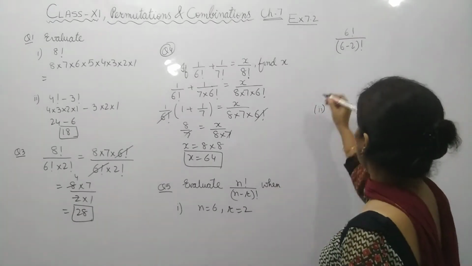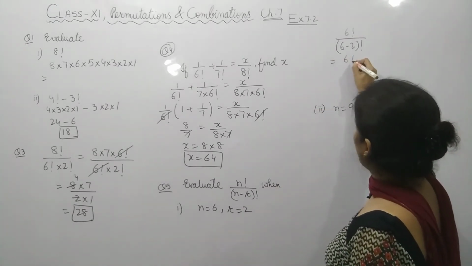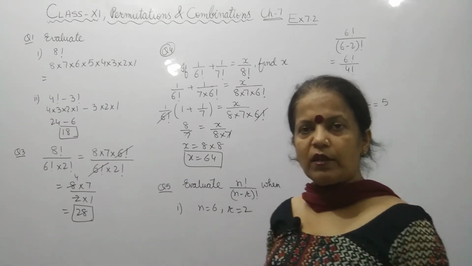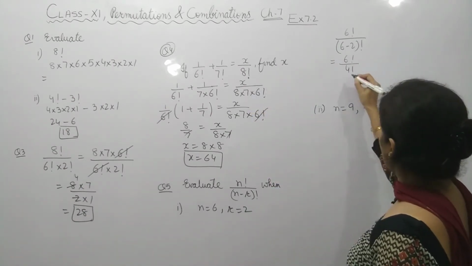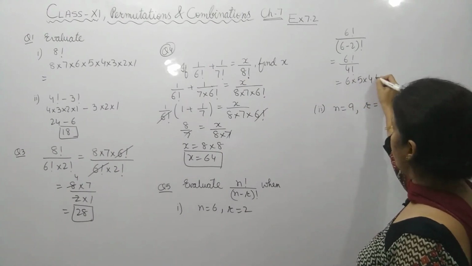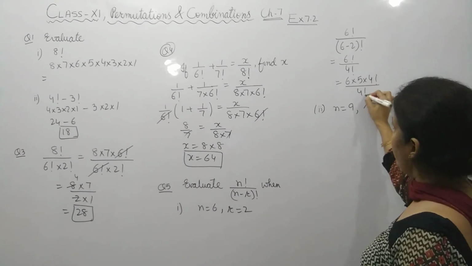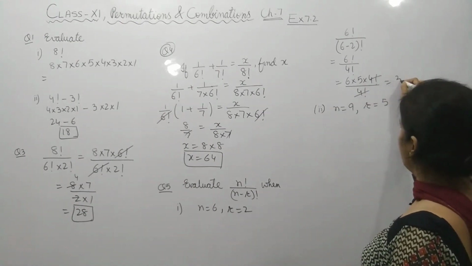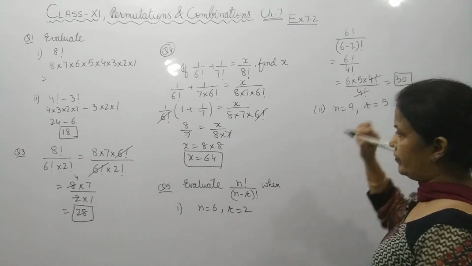Like this we will write it. So it will be 6 factorial upon 4 factorial. So how will you expand it so that the terms will be cancelled out? 6 into 5 into 4 factorial you can write, and the denominator 4 factorial as it is. Cancel. So 30 will be the answer.